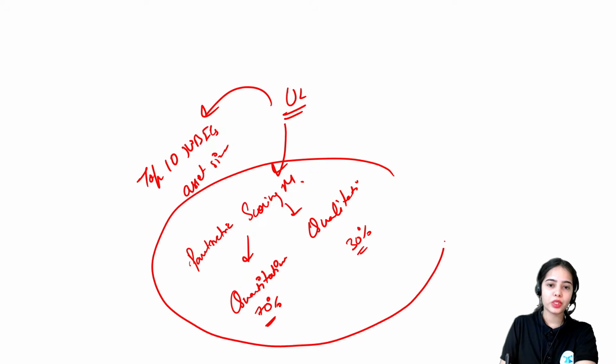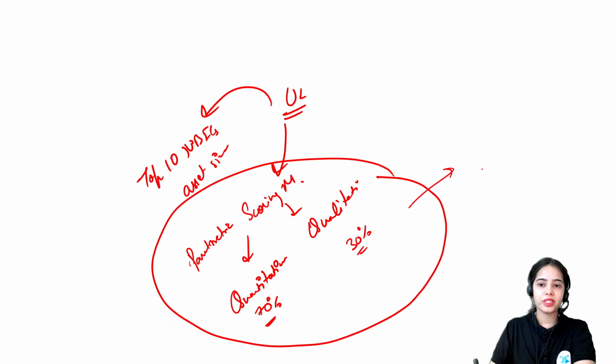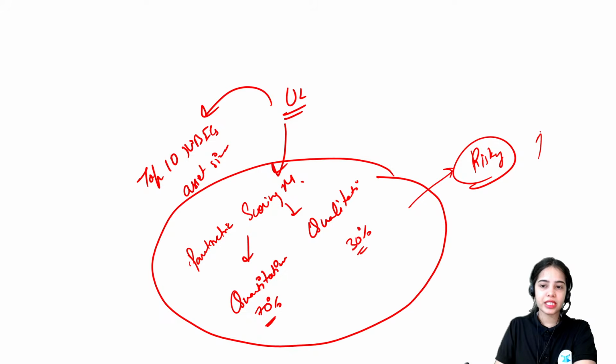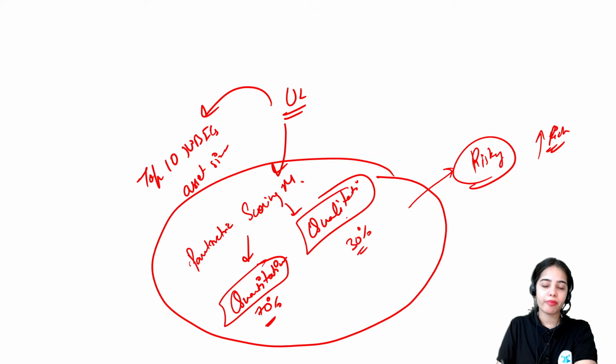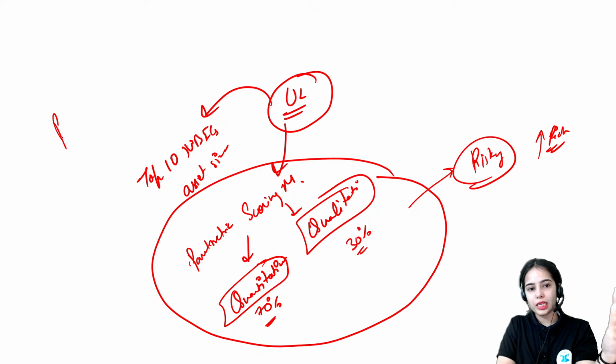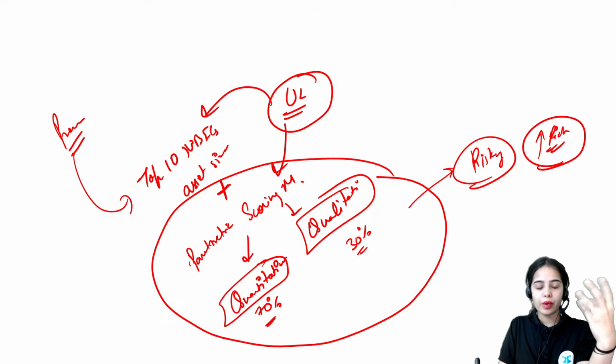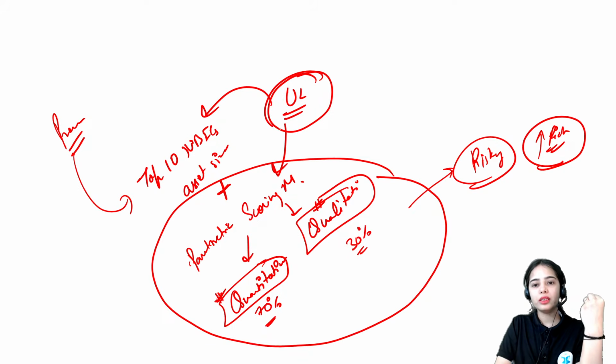According to the parametric scoring methodology, whichever NBFCs were considered risky, or had higher risk according to the quantitative and qualitative parameters, also used to come under the upper layer. So previously, the methodology was that the top 10 NBFCs on the basis of asset size, as well as NBFCs considered risky based on the quantitative and qualitative factors, would come in the upper layer.